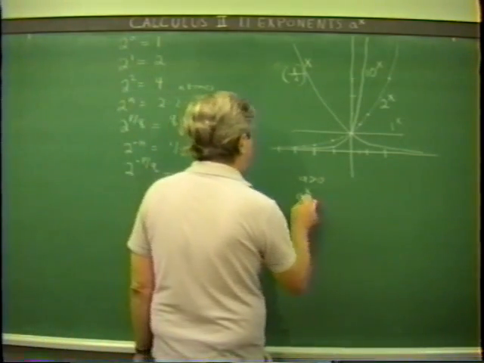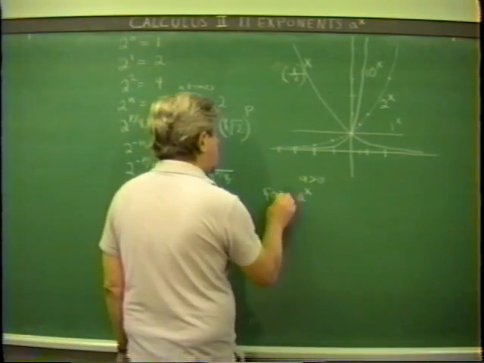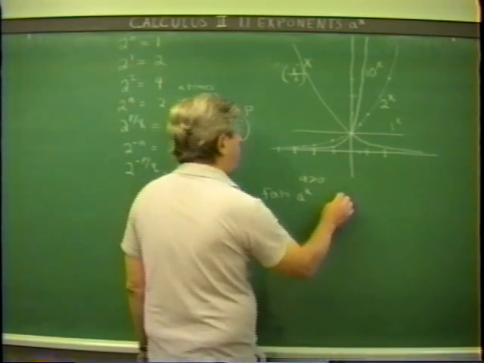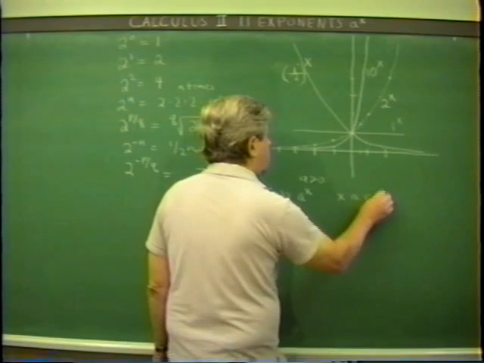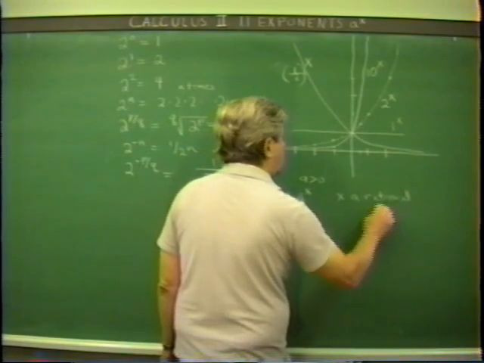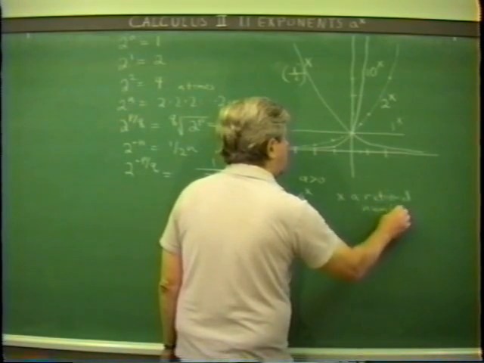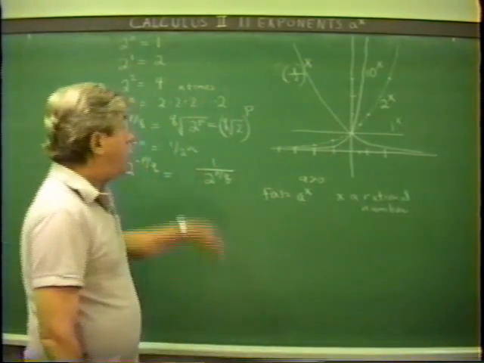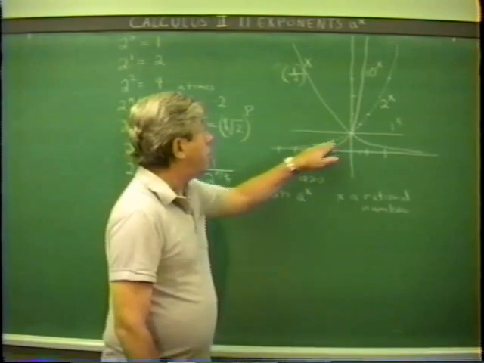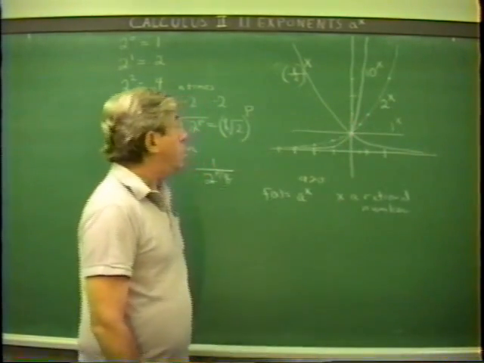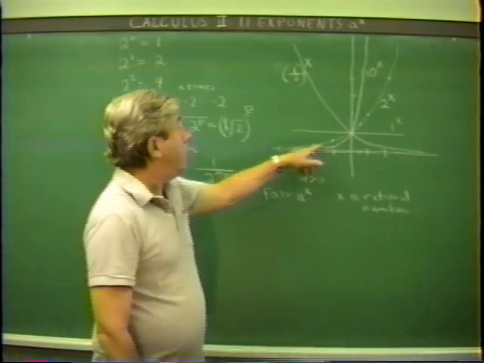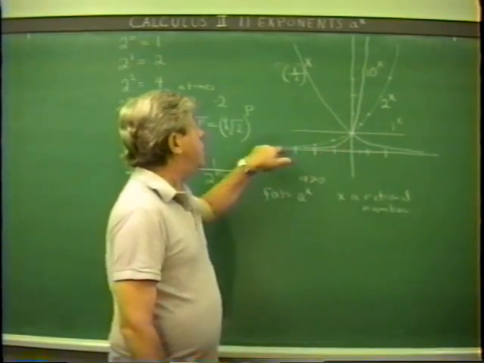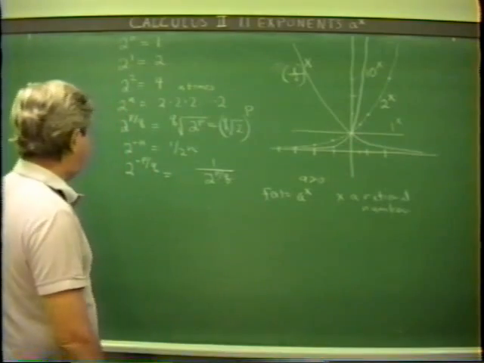So for a greater than 0, we want to define the function f of x equals a to the x. And right now, all we can do this for is x a rational number. However, it's really clear, if you plot some of this, that you ought to be able to do this for real numbers x also, because the graph that you end up with when you plot it is very continuous here, so to speak, on the rational numbers.